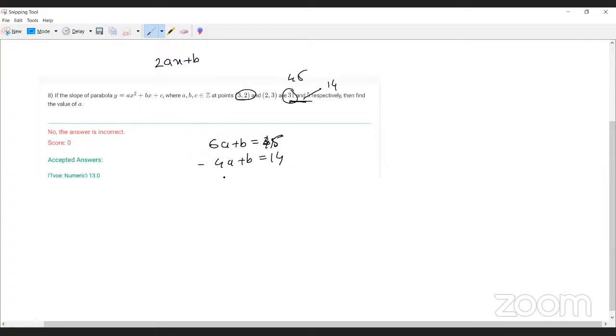Yes, sir. Now simply subtract this. We'll get 2a equals 31, so A equals 15.5. Sir, but 15.5 is not an integer. In the question, they said A belongs to Z, integer. So the values have been changed, sir, I will put 16 for this.